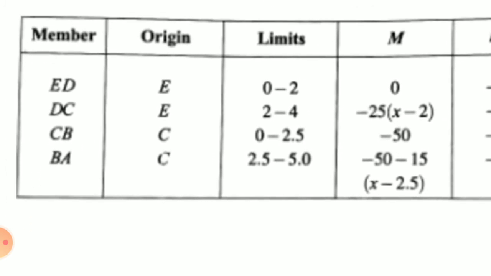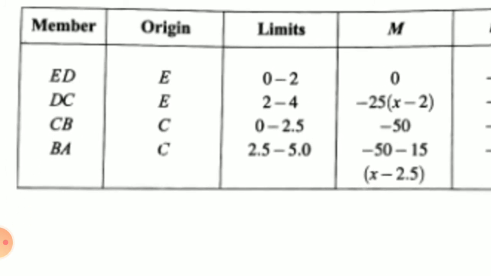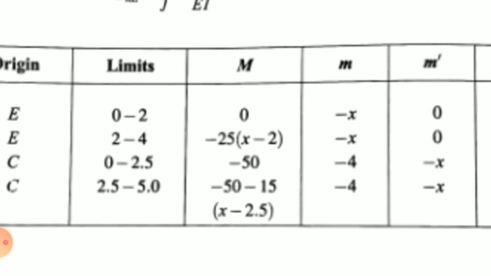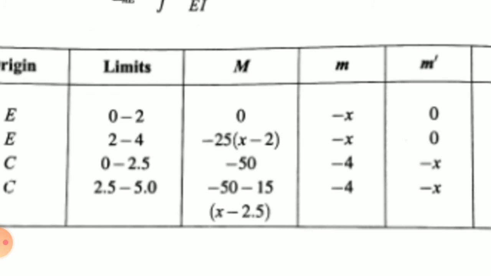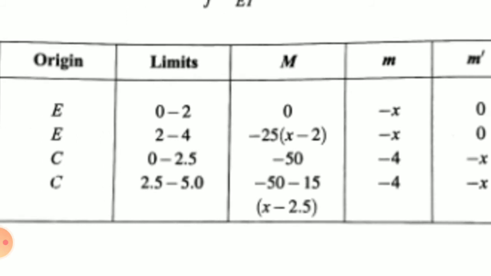Then the vertical member we can again divide into 2 portions, 0 to 2.5 meter and 2.5 to 5 meter. In 0 to 2.5 meter, the moment is 50 kilonewton meter, and it is minus, and moment due to unit vertical load is 4 kilonewton meter, that is also minus, and moment due to unit horizontal load is minus x.